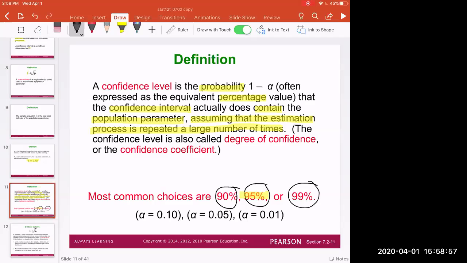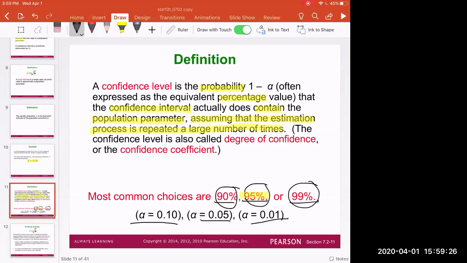These are just the leftover percentages, because we can't say with 100% confidence that our intervals will contain the true population parameter each time. So the leftover I've got is 10% or 0.10 for 90% confidence intervals, a leftover 5% for 95% confidence intervals, and then 1% or 0.01 for 99% confidence intervals.